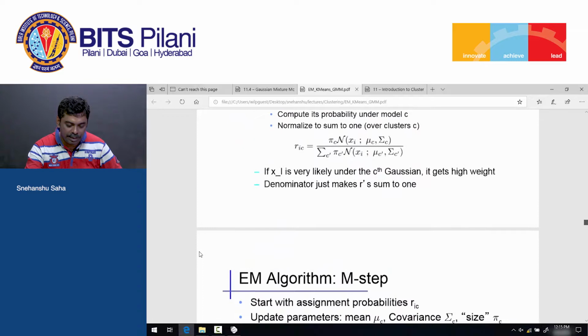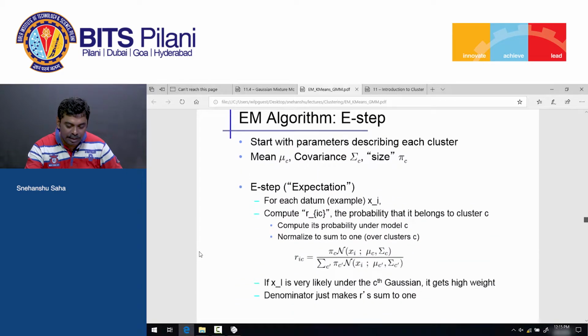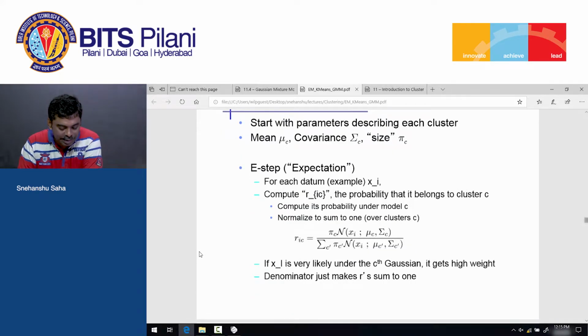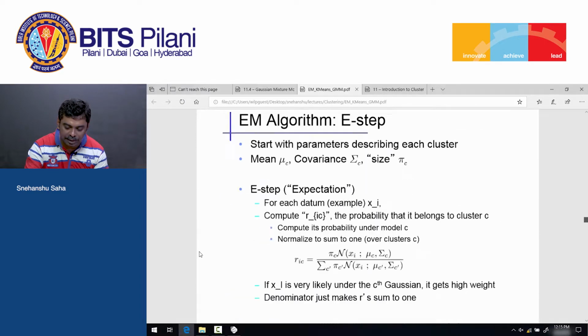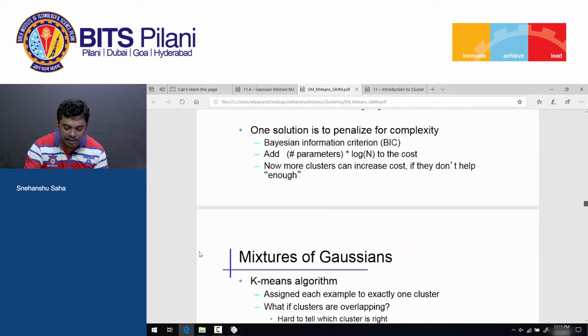Typically we do this repeatedly. So you have the expectation. You are talking about the expectation maximization algorithm. What is the expectation? The expectation is that a particular data point belongs to a cluster. I'll tell you what we are trying to do here by going back to the example.